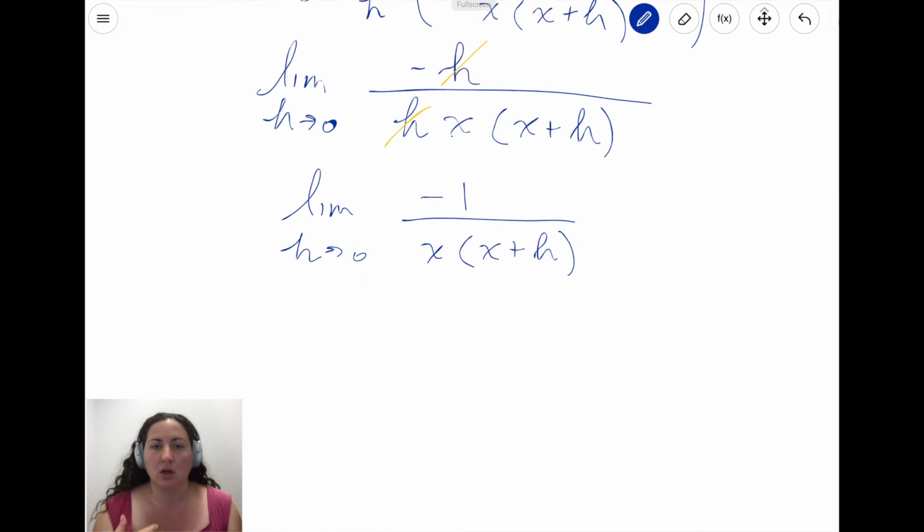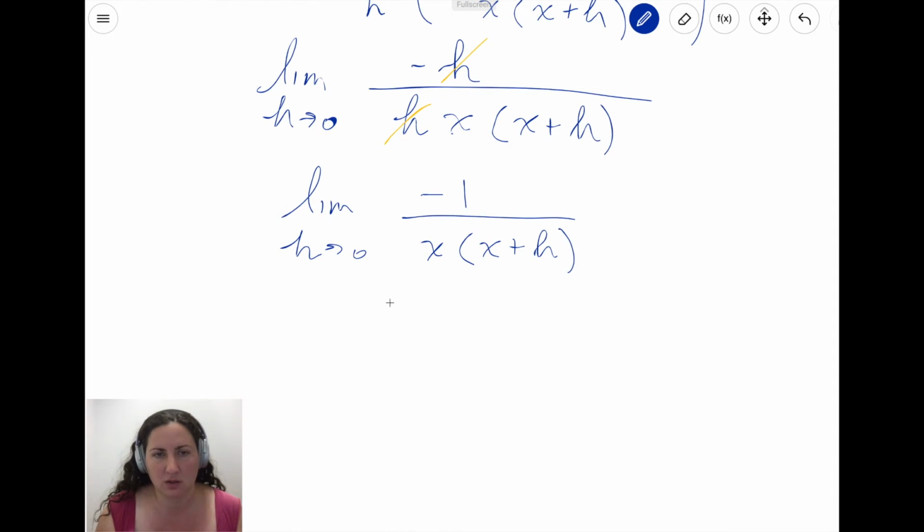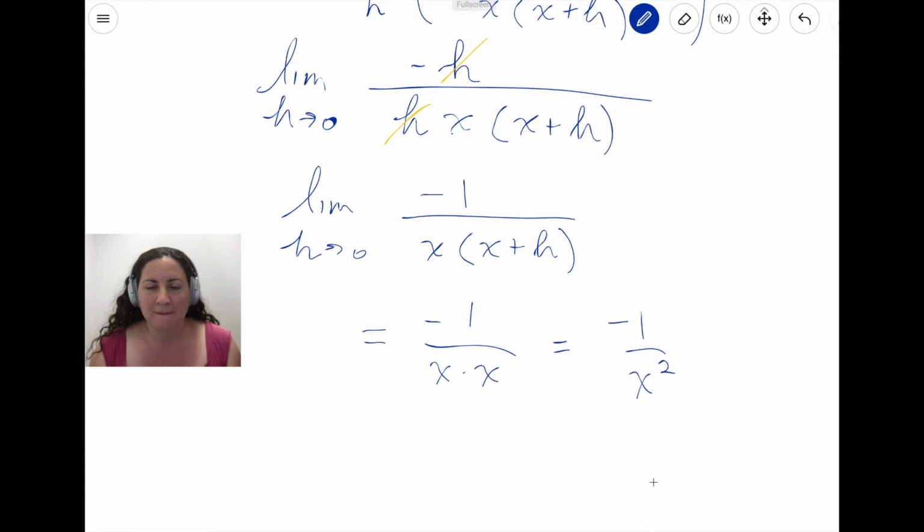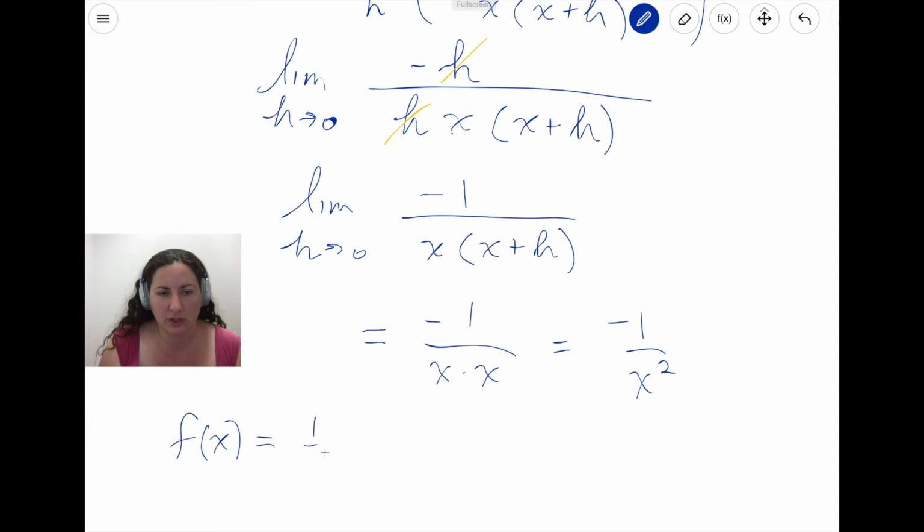We can simply replace h with 0 in this formula, and so our limit is going to evaluate to negative 1 over x times x, or negative 1 over x squared. So great, we found that our original function was f of x equals 1 over x, and our derivative function using the definition is negative 1 over x squared.